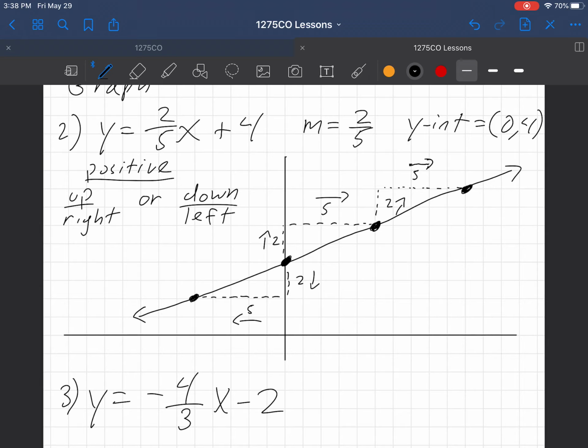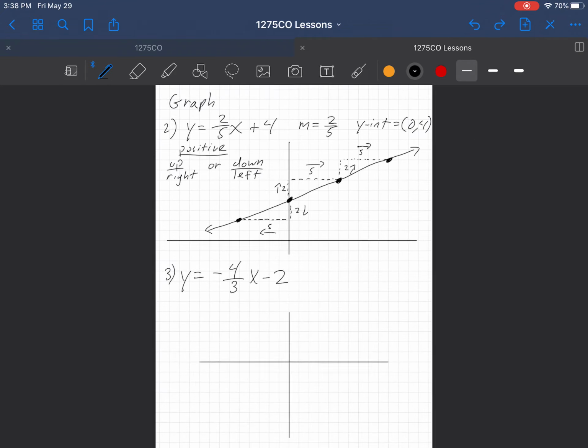But then we're going up 2, because that's the numerator. We're going to the left, or to the right 5, because that's the denominator. Whether it's up or down, it's this many spaces. Whether it's left or right, it's this many spaces. And that's the equation of this line.